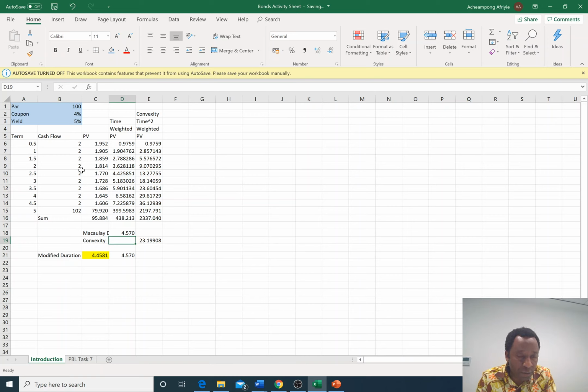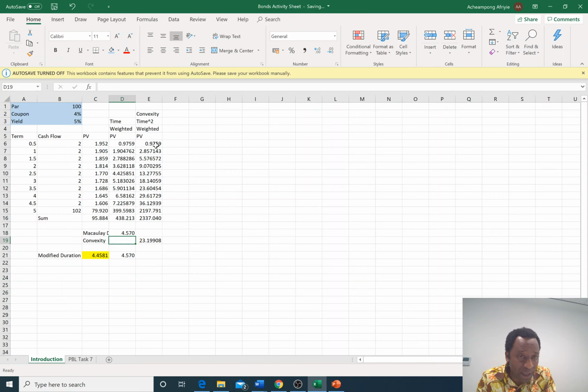To finalize what you need to remember from this spreadsheet, we need to work out the convexity. The convexity technically is, if you like, the square of the time weighted average of the present values.